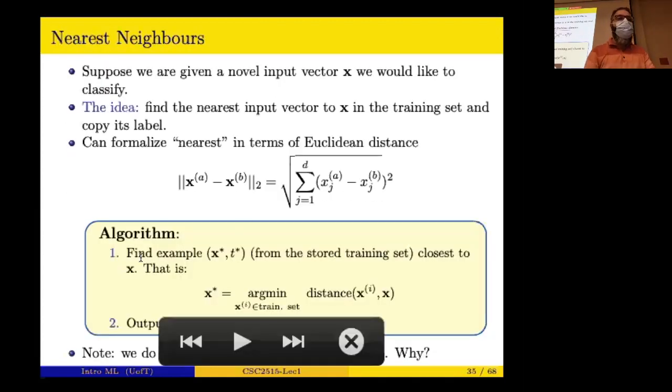So the algorithm would be essentially trying to find an example x star and t star from the stored training set closest to x.